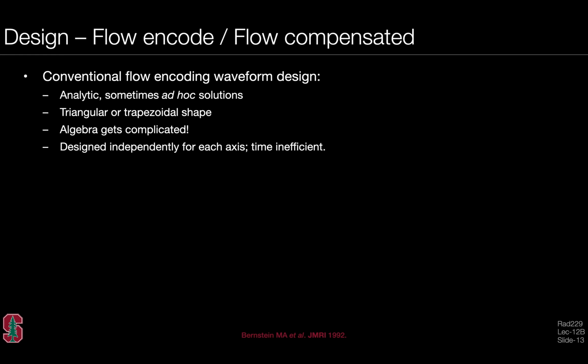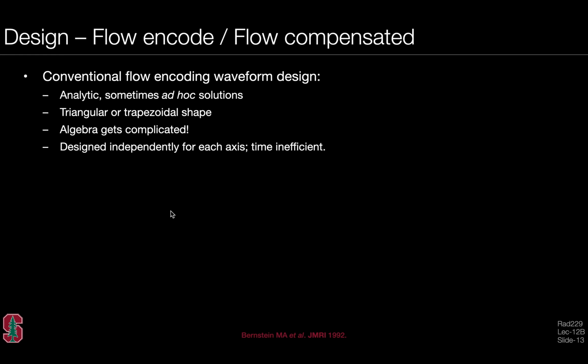So how do we go about doing this? Well, the conventional flow encoding waveform design is analytic. There are some ad hoc solutions as well, but the analytic approaches are useful starting points. They'll produce triangular or trapezoidal gradient waveform additions to the slice select gradient. The algebra can in fact get a bit complicated, again depending on if we're thinking about multi-axis combinations or combinations with other gradient waveforms like phase encoding or the readout pre-phasing gradient.